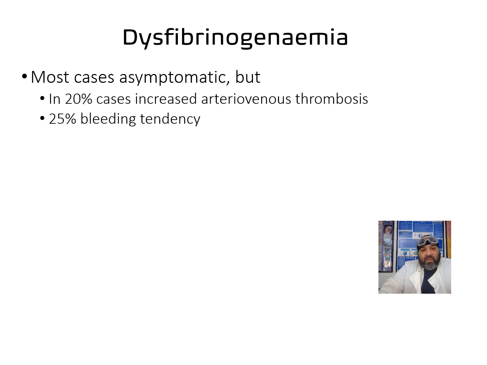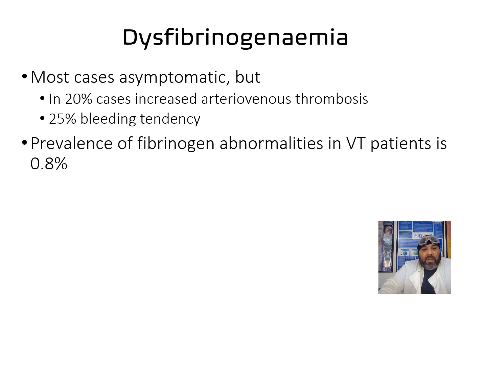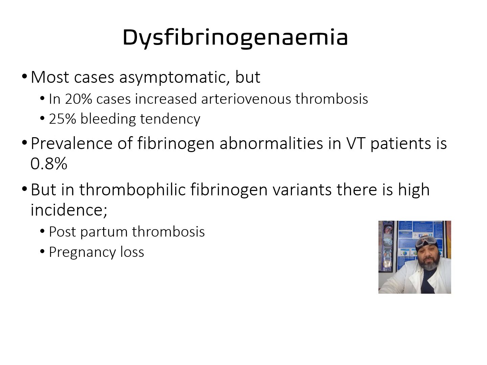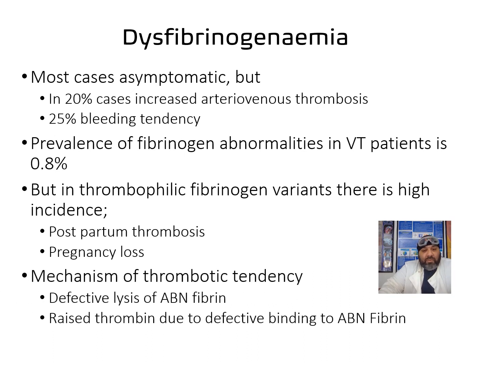There's a 25% bleeding tendency, and the prevalence of fibrinogen abnormalities in venous thrombosis patients is around 0.8%, and in thrombophilic fibrinogen variants, there is a higher incidence of postpartum thrombosis and pregnancy loss as well. Mechanism of thrombotic tendency: there can be a defective lysis of abnormal fibrin, and there can be raised thrombin due to defective binding to abnormal fibrin.